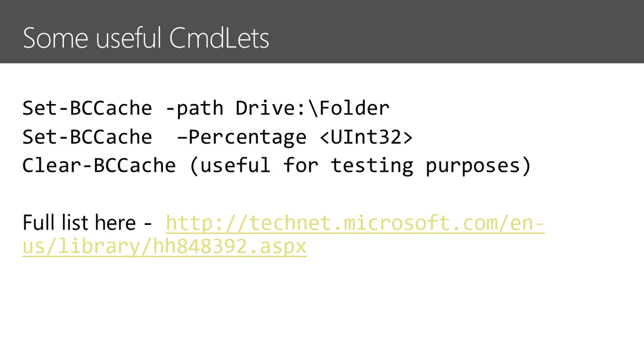Just a couple of useful commandlets that give you an example. There's a whole list of new commandlets on TechNet in terms of branch cache, both on the client side and the server side. So we can do things like set the location of the cache, we can set the percentage of the disk that we want to use for the cache, and you can clear the cache just from the command line.